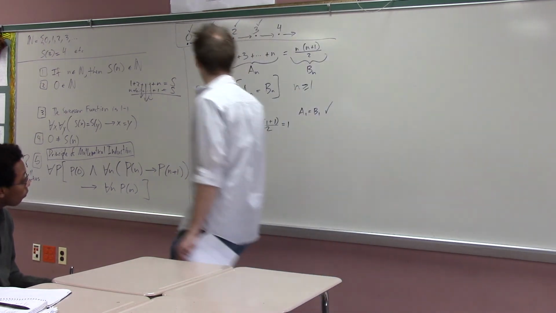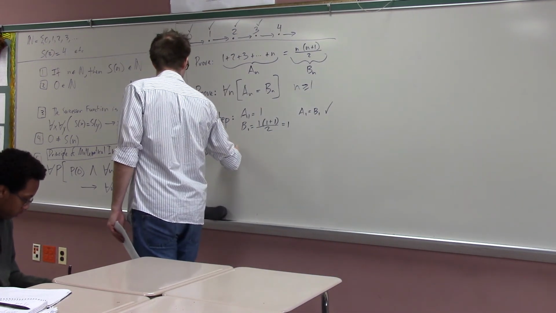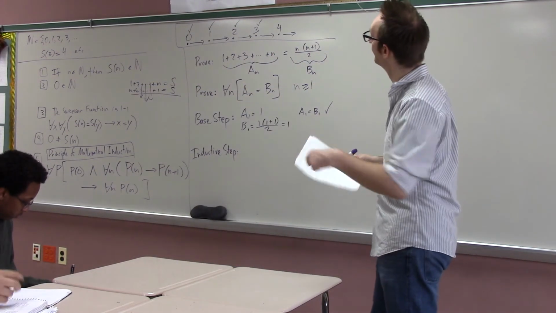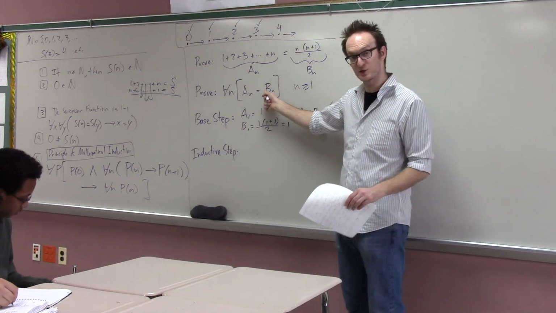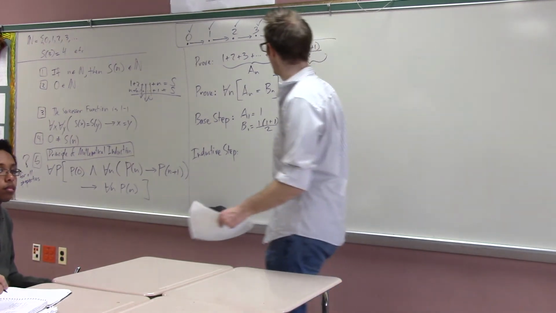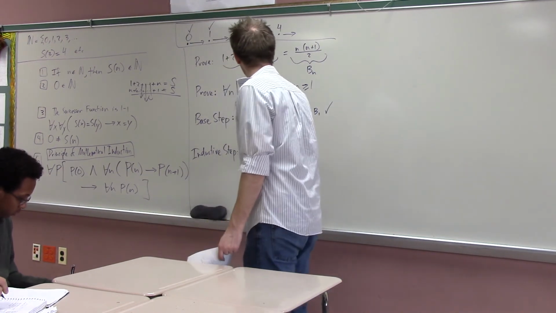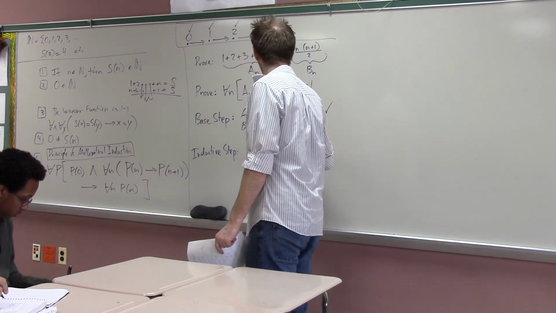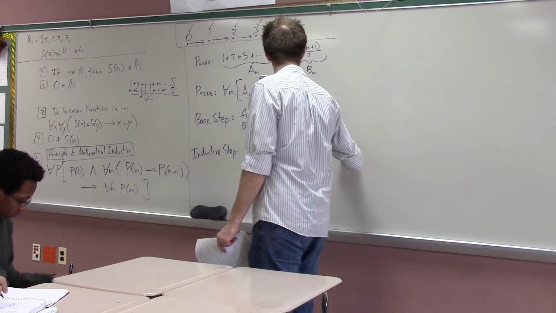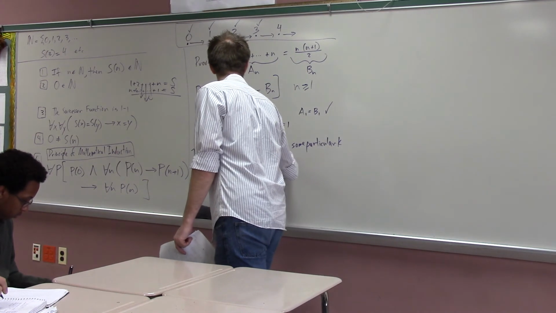Okay, and now comes the important part, the inductive step. My goal in the inductive step is to prove that whenever this formula is true for a number, it's true for the next number. So what we're going to do is suppose for some particular k, that a sub k equals b sub k.